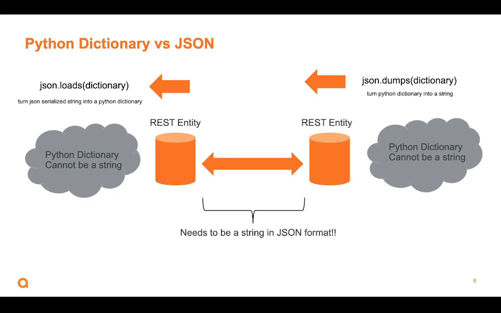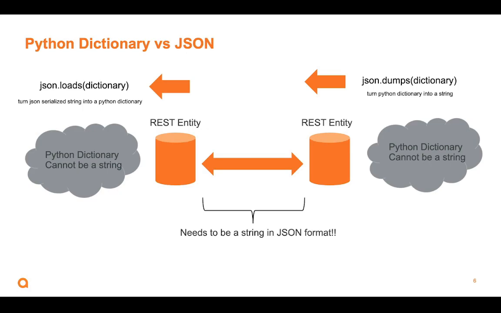They're data structures in Python that cannot be a string, but we cannot transmit a Python dictionary to another REST entity. It has to be a string that looks like a Python dictionary, but it's a string.